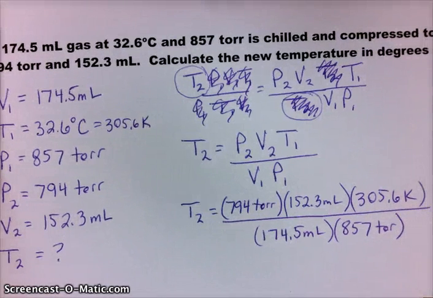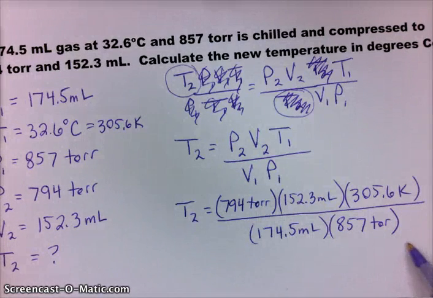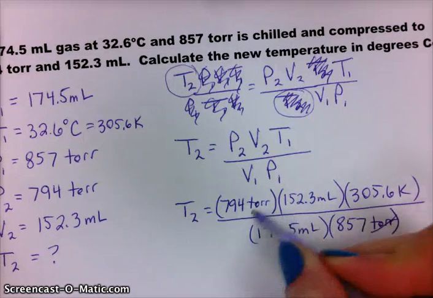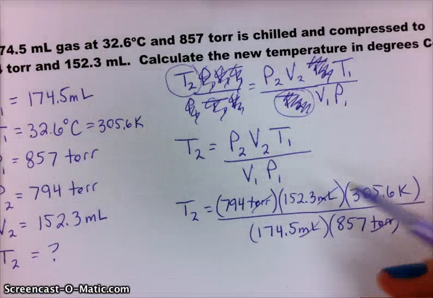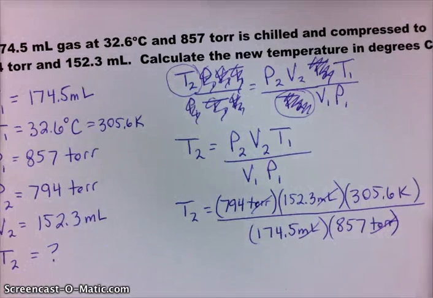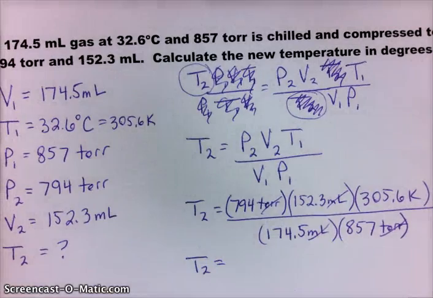Let's check our units. Torr is going to cancel out. Milliliters is going to cancel out. And that leaves me with Kelvin. Is that the appropriate unit for a temperature? Yes, it is. So now I'm ready to solve for T2.